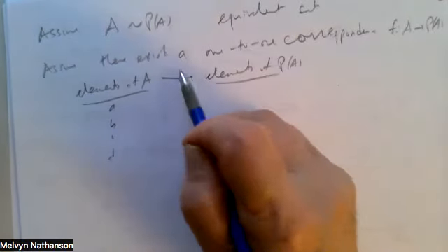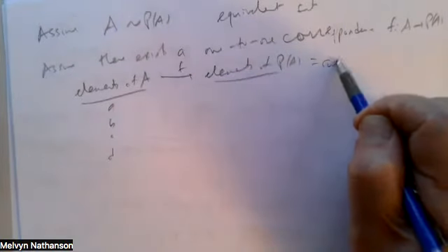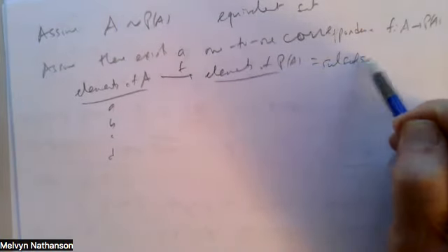And we have this one-to-one function F to the subsets of A.